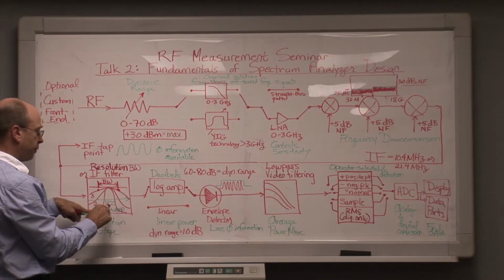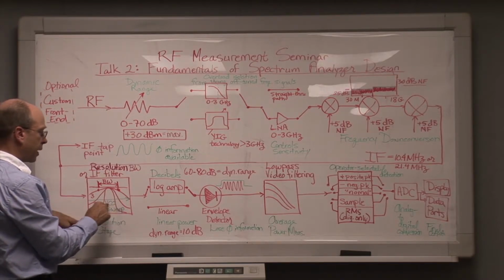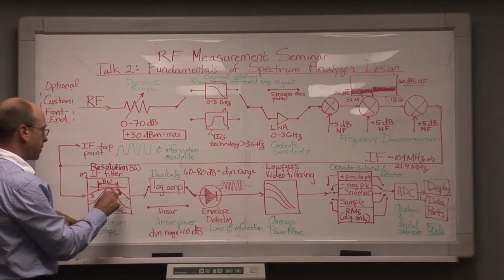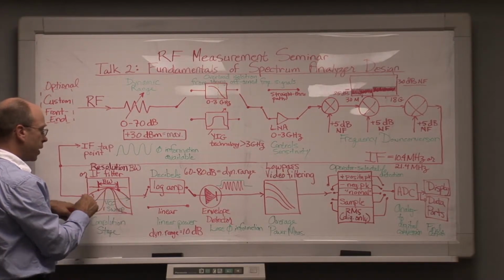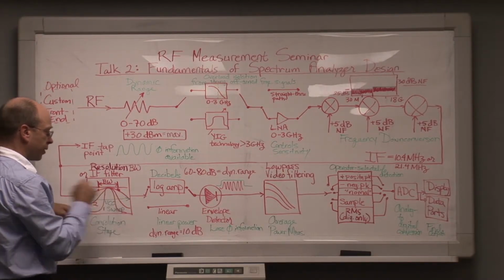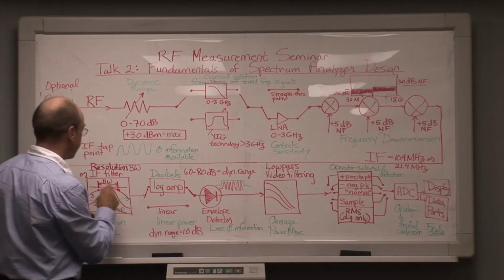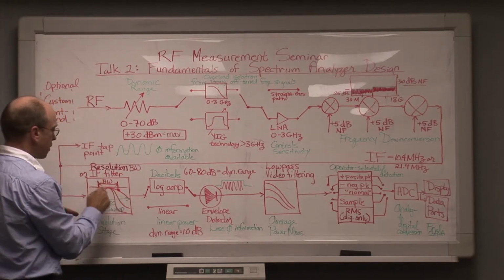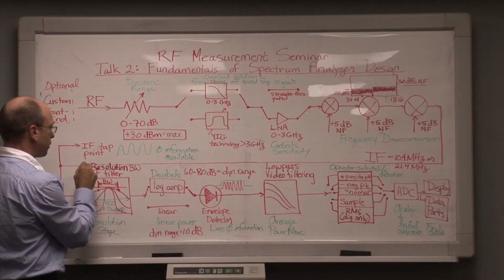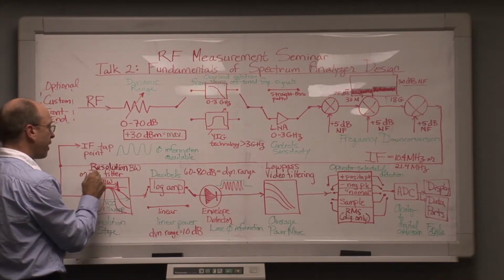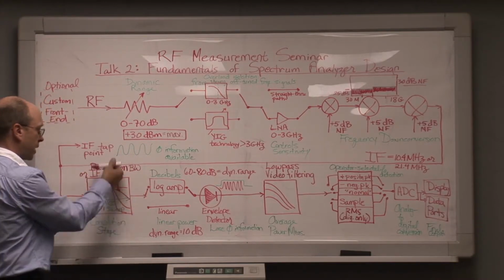These filters are controlled with a voltage-controlled oscillator voltage. They sweep across the IF frequency range. We convolve the input waveform with these filters, and we'll discuss why we have to convolve in a moment. And this is the so-called IF filter setting, or resolution bandwidth filter setting, or IF bandwidth filter setting. It's all the same thing.